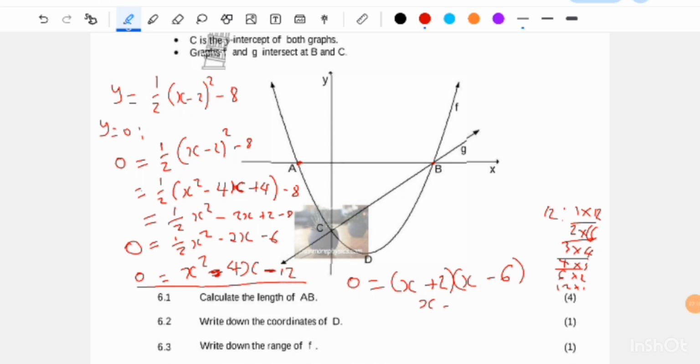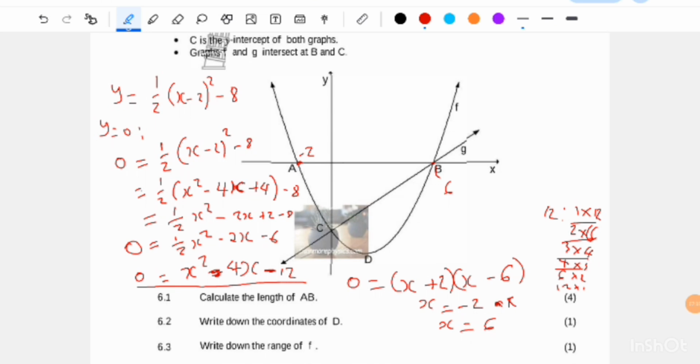Therefore, x is equal to minus 2 or x is equal to 6. Therefore, this value here, B, is 6, because it's on the positive side, and A is negative 2, because it's on the negative side.